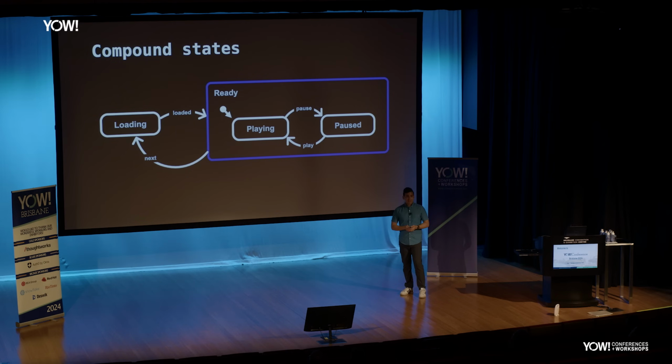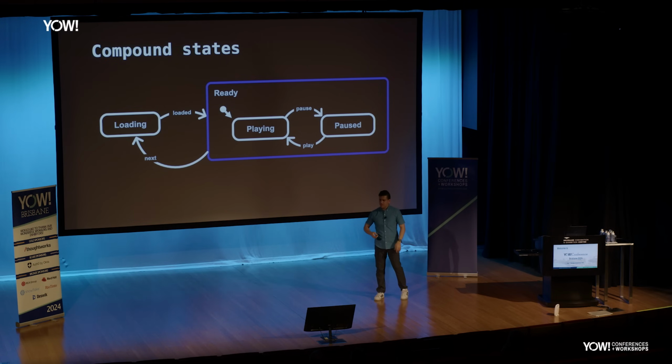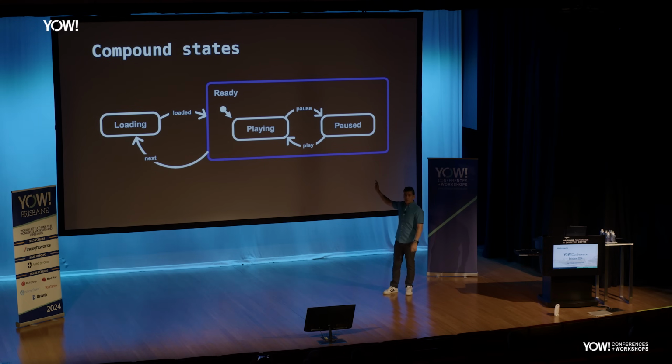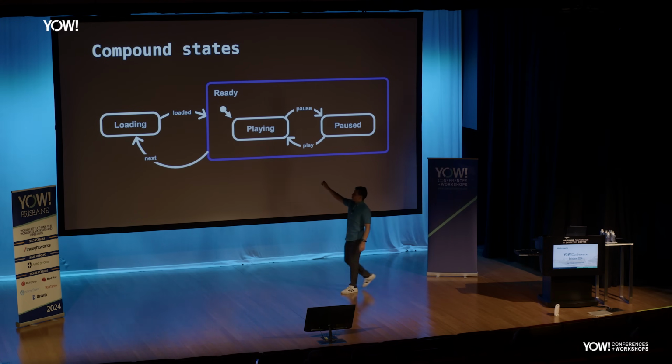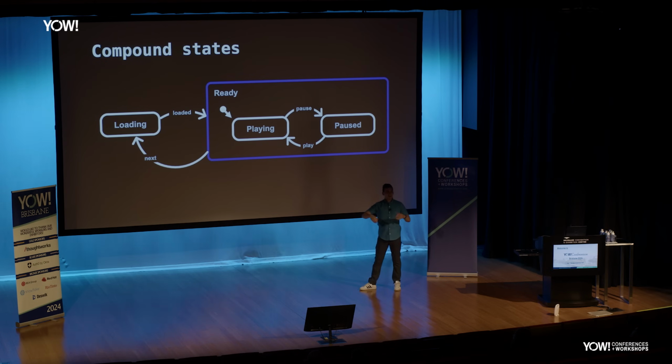Then there's compound states, which simplify state charts even further by being able to express sub-processes. So for example, when we're loading and the loaded event happens, now we're in the ready state, but we also transition to the initial state over here, which is playing. So you can imagine this is a music player, and regardless of whether we're playing or paused, when you press next on the music player, it's going to first look at the child states and see, is there a next transition?